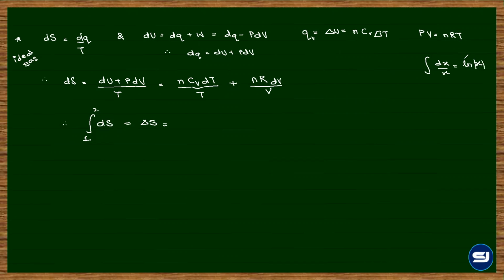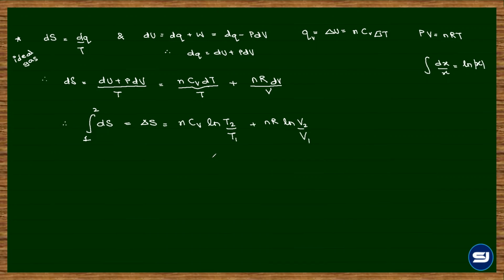So it's n Cv ln of T, and temperature initial to final, if we apply, n Cv ln T2 by T1 will come, plus this will be nR ln V2 by V1.